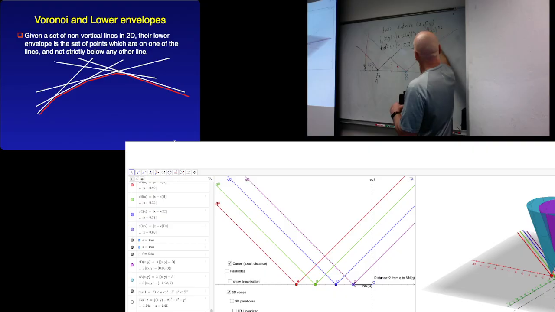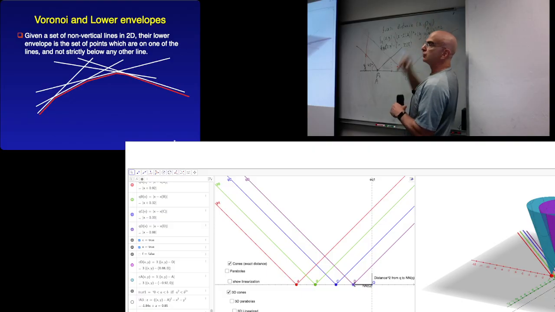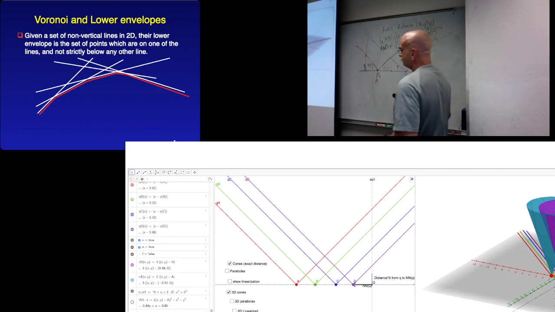I want to know which one is closer to me. It's the one for which the cone is lower if I shoot a ray away. In this example the points happen to be on a line, but it's not really important, but you do understand what's happening here.